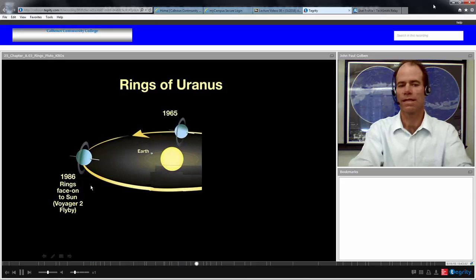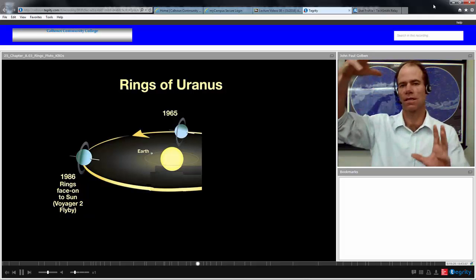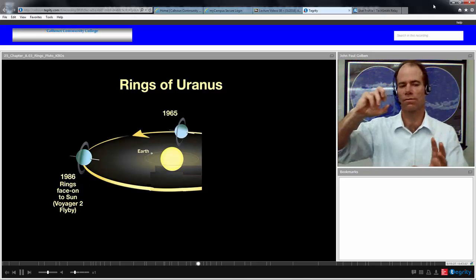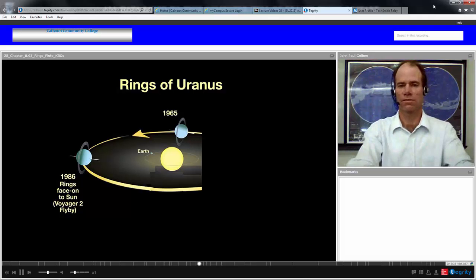In 1986, when Voyager 2 flew by Uranus, the rings were at solstice, so that since the pole of Uranus was pointing towards the sun and pointing towards us, we could see the full effect of the rings of Uranus at that time.